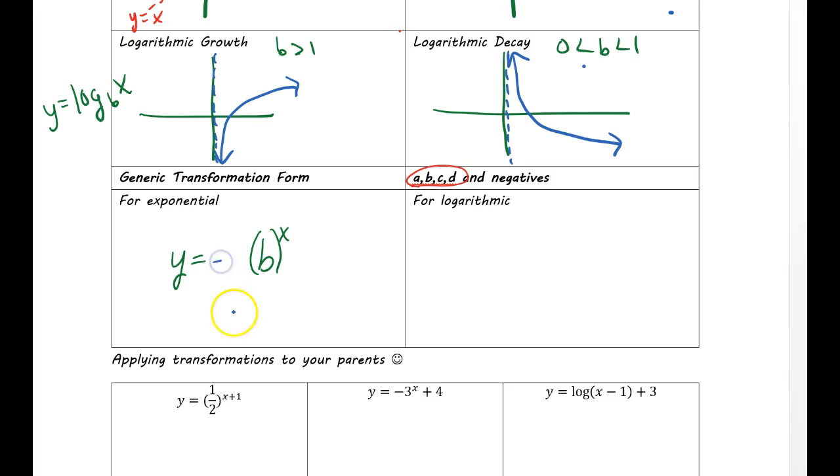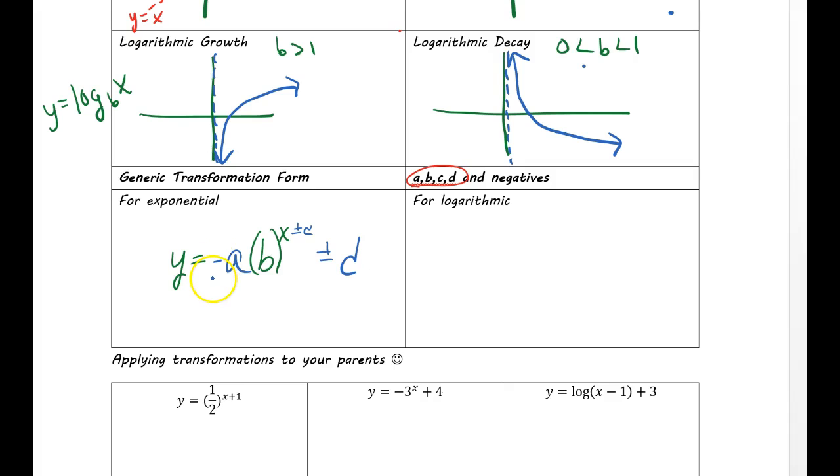There could be a negative here. There could be a vertical dilation there. There could be a number in the front. There could be something up here, and there could be something out back there. All right, so these are all the things that could be there, and they do the same thing that they did earlier this summer.